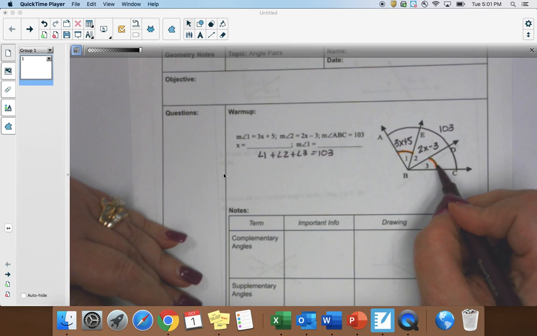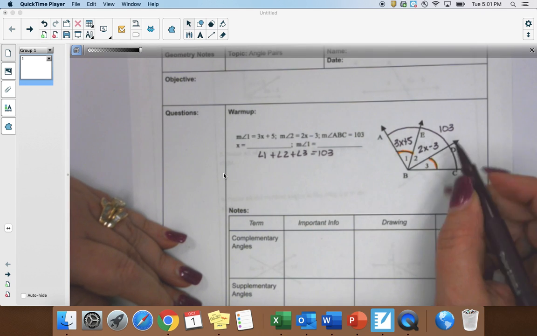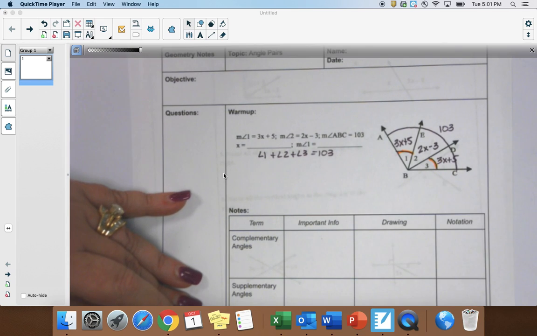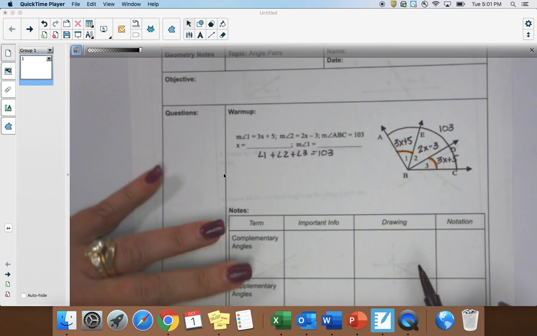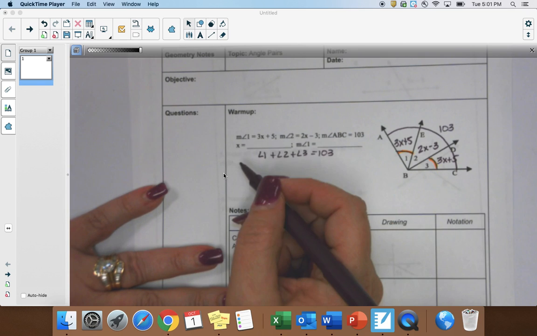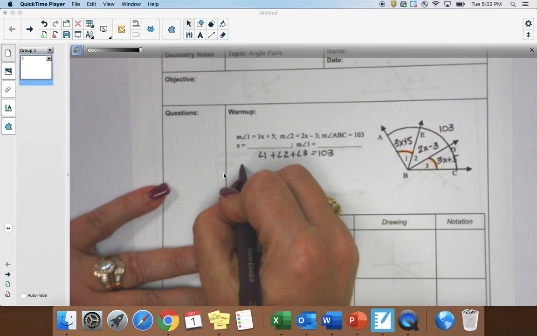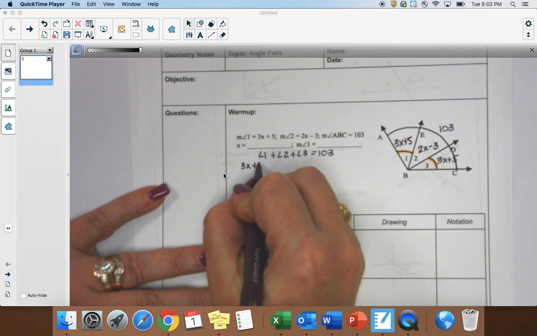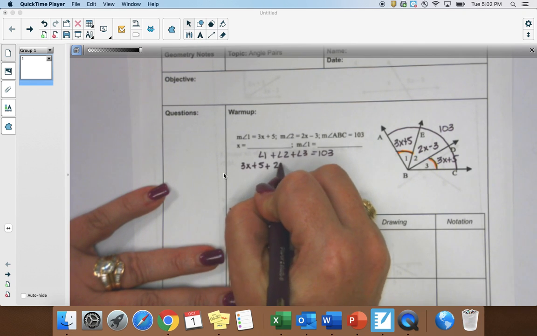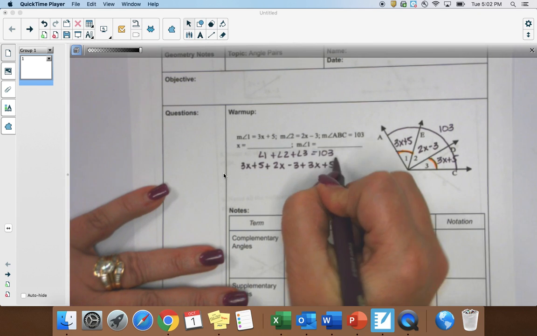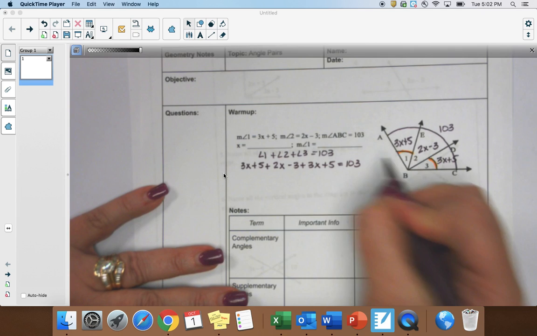And so what we need to do is have all three pieces. So we've got to come over here and add this 3x plus 5 there so that we have all three pieces of the angles. Now we can use the angle addition postulate to add these all up. So we would say 3x plus 5 plus 2x minus 3 plus 3x plus 5 equals 103.